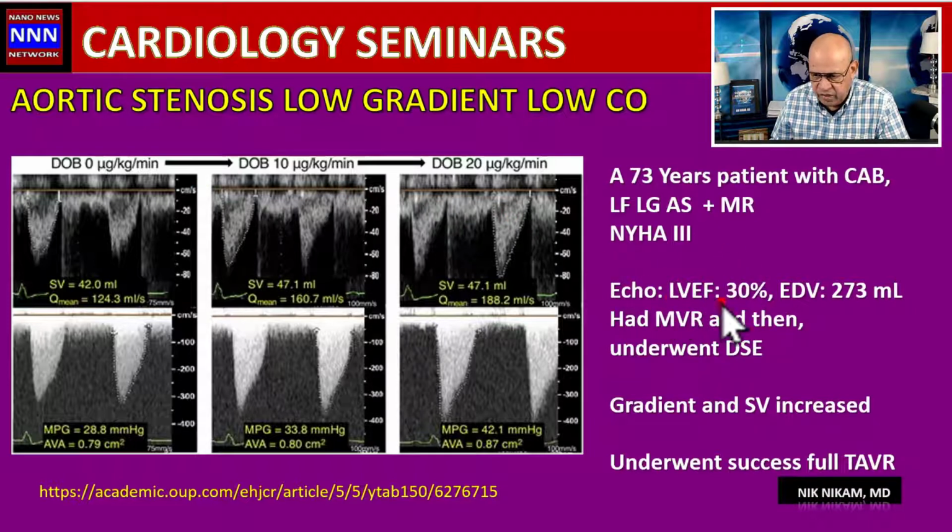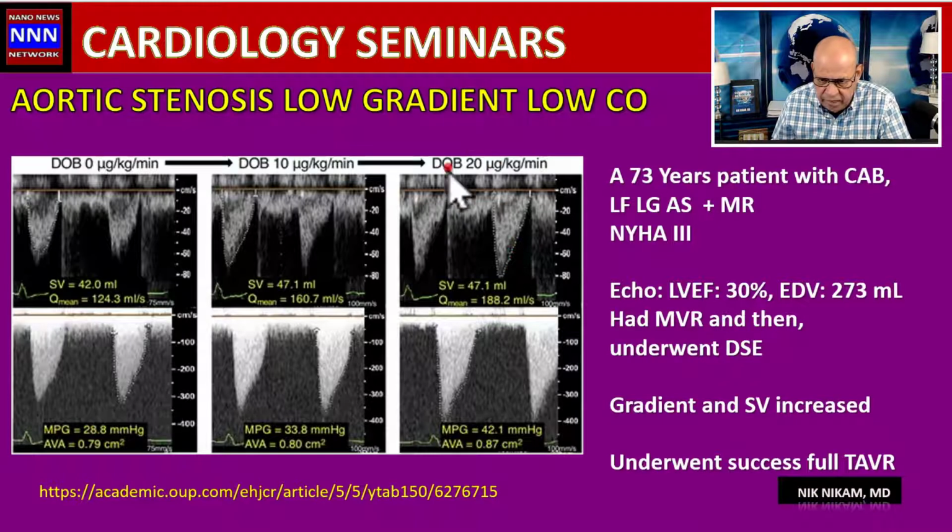The LV ejection fraction was 30% and an end-diastolic volume of 273 ml. As we can see at the baseline, the stroke volume was 42, which was not bad. The aortic valve area was 0.79. It's less than 1. And the gradient was only 28.